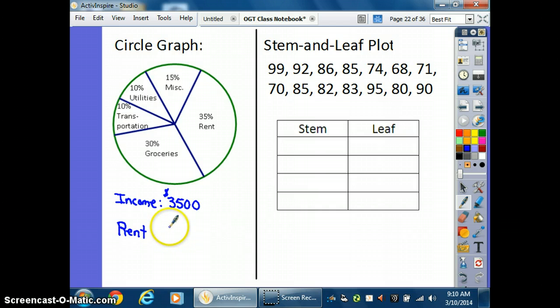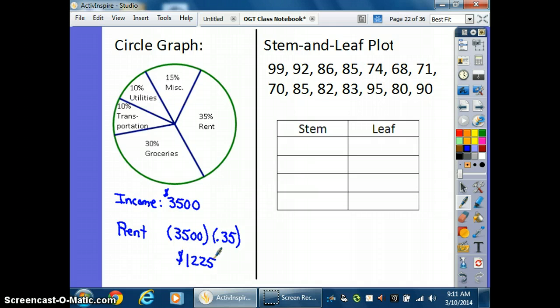So we're going to multiply our income times 0.35. And if you do that, I think you end up with $1,225 a month. That's how much they would pay for their rent. And you could do it for other areas too.